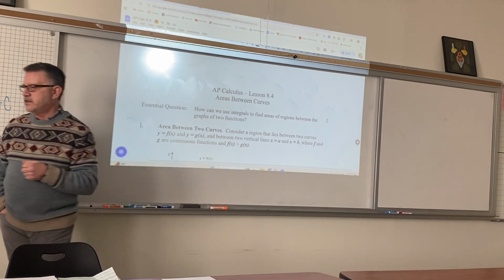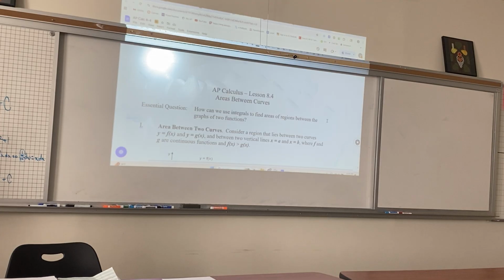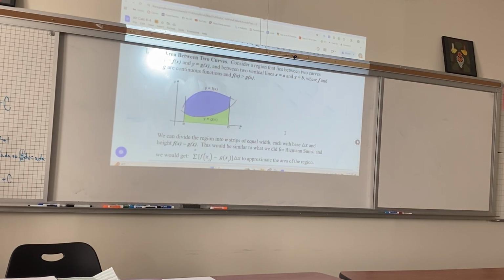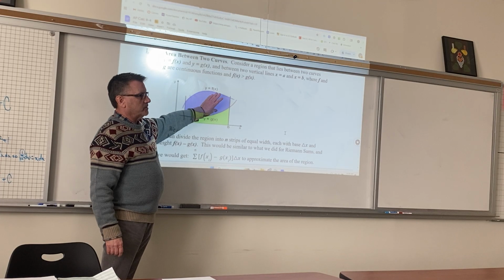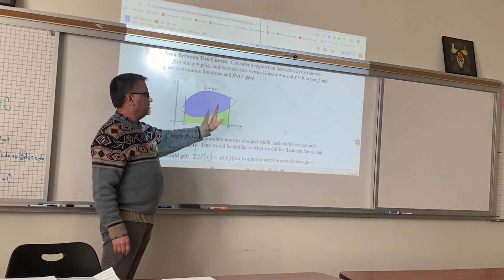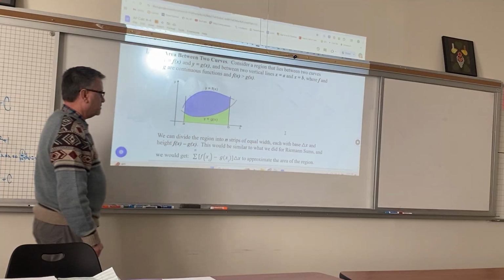Then, here's what we've got. Something that kind of looks like that. So we've got one function, another function, we've got some area in between, and it's bounded. So we're looking for the area of this weird looking shape.